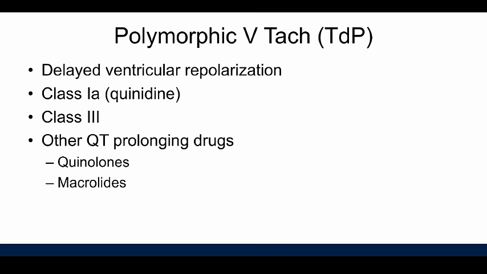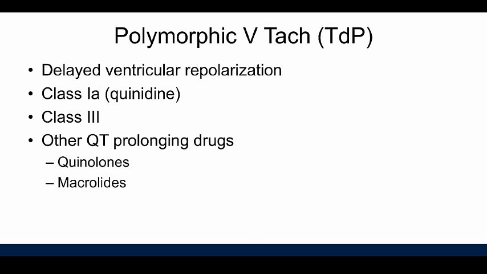Drugs like dofetilide are known to prolong the QT and can cause torsades. So one thing that I wanted to point out here is when we're dealing with drugs that prolong the QT, effects on QT prolongation are often additive. So what I mean by that is if you have a patient that is on dofetilide, or a patient that's on sotalol, and you add another drug such as a quinolone antibiotic or macrolide.